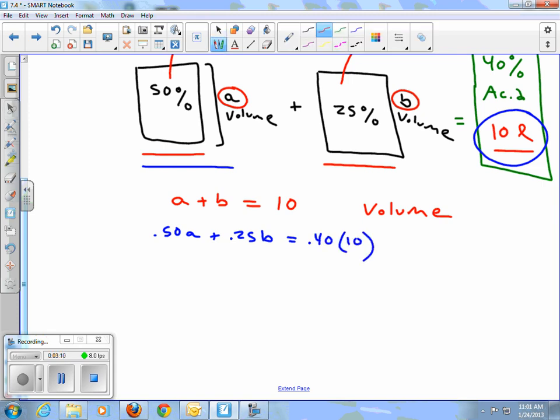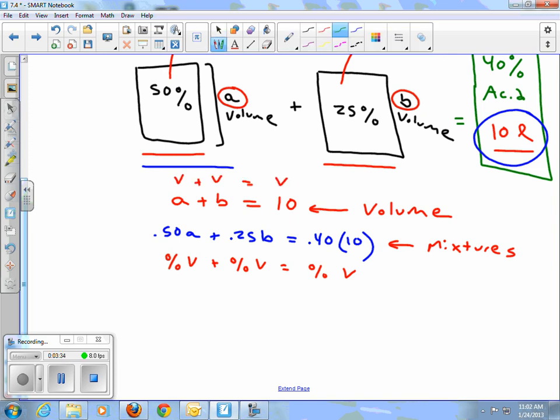Now, it's important to remember that this equation comes from the percent of mixtures. So here we've got percent volume plus percent volume equals final percent volume. And here we just have volume plus volume equals our volume.